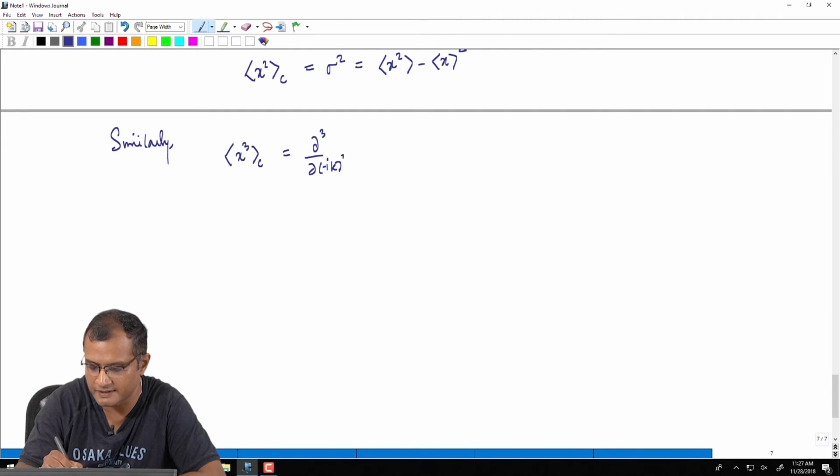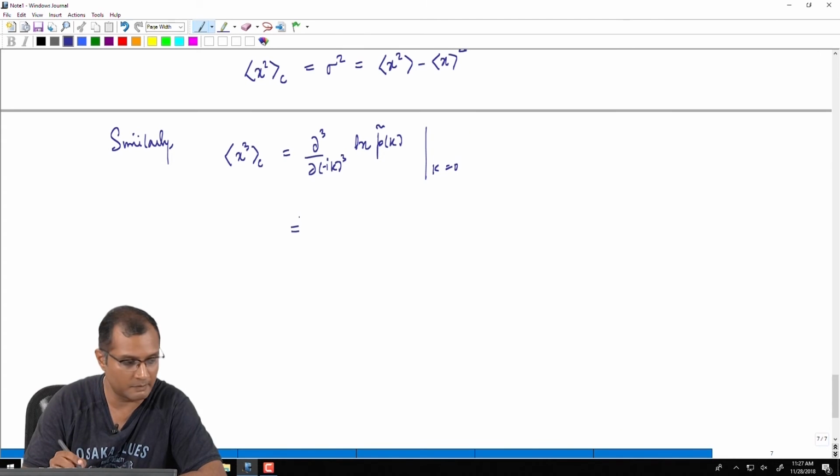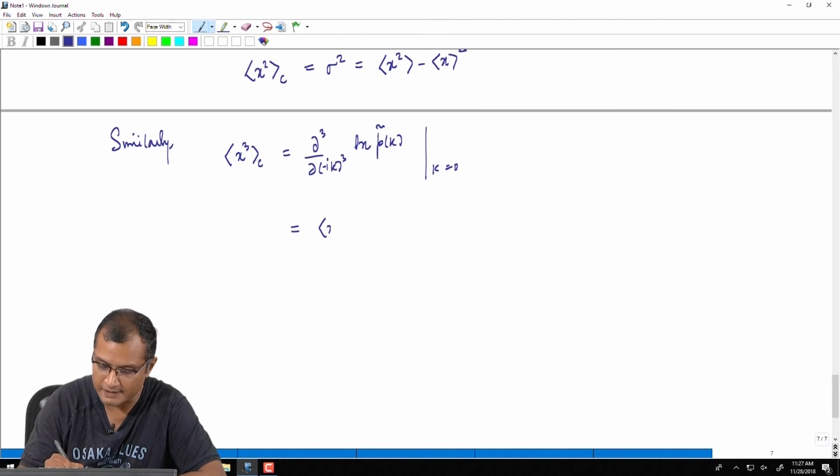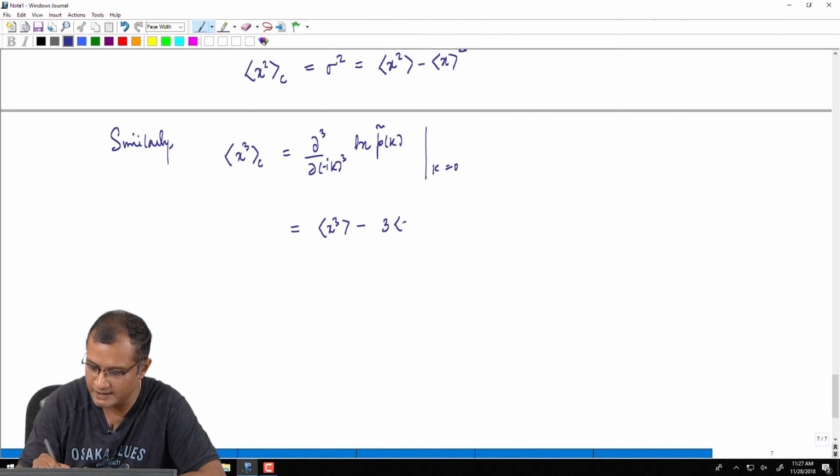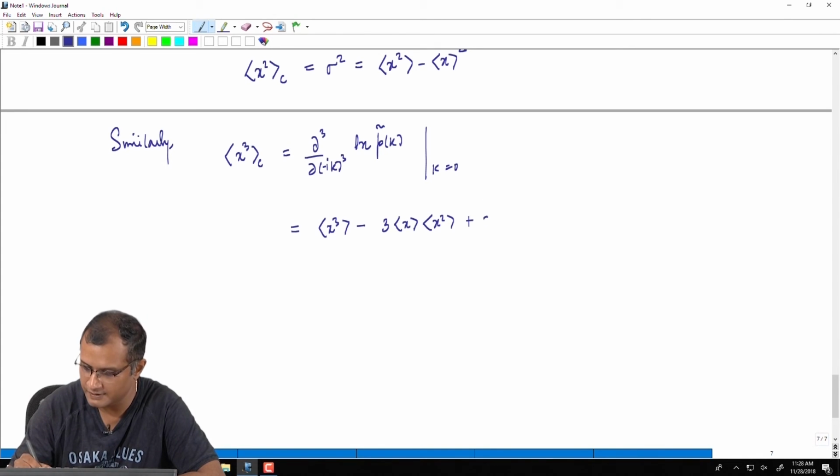You can start the derivation with the third derivative of the cumulant generating function, taken at k equals to 0, and this can be written as mod x cube minus 3 mod x mod x square plus 2 times mod x cube.